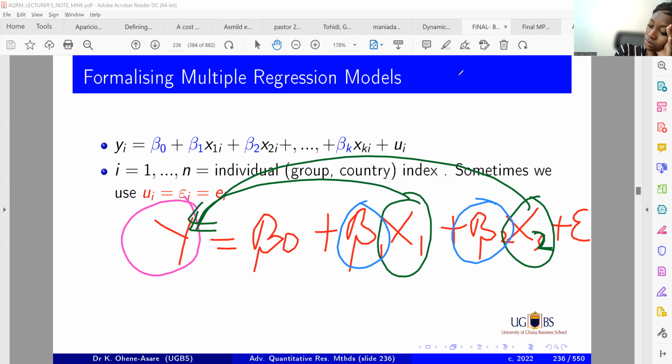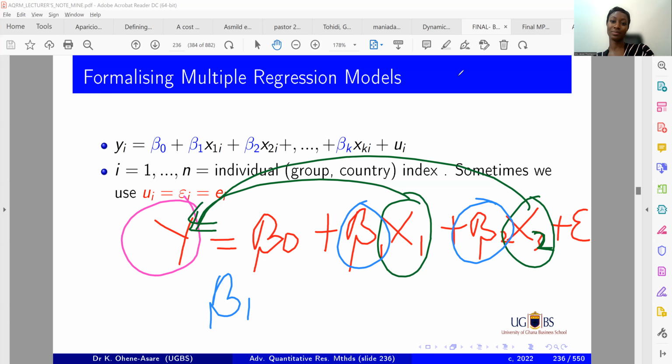I'm saying these things for you to get a picture. So beta 1 here tells you by how much X1 affects Y. Beta 2 tells you by how much X2 affects Y.